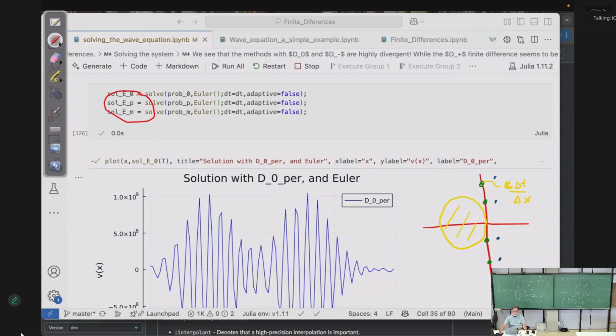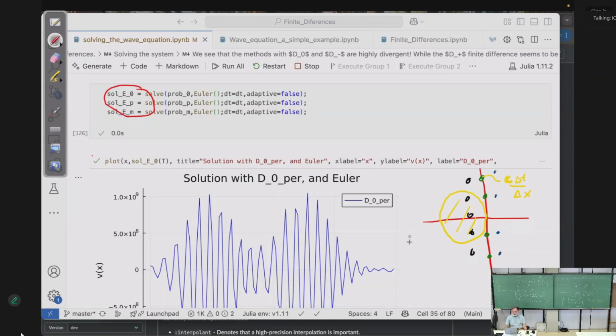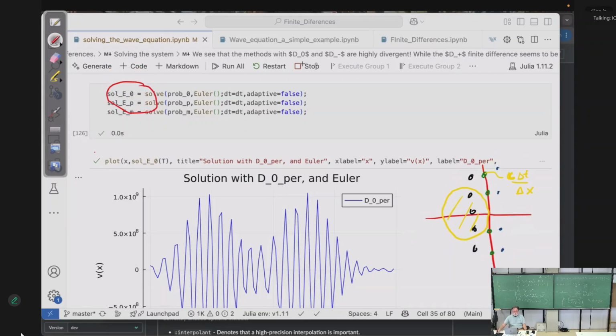The D plus, on the other hand, has eigenvalues here with some negative real part. So if we make them small enough, they fall into this circle, and that's why we have convergence. Now you will say, okay, but why do you solve this problem exactly?